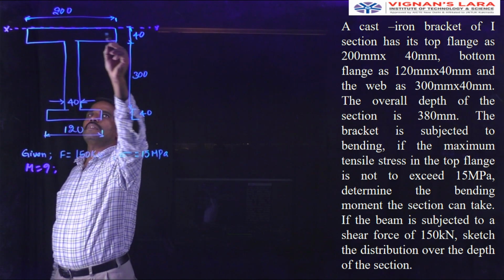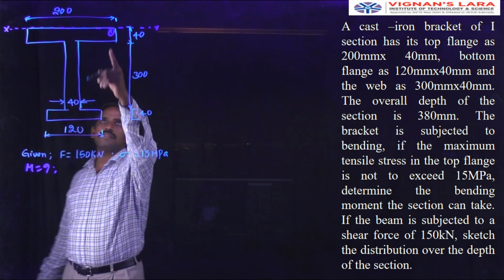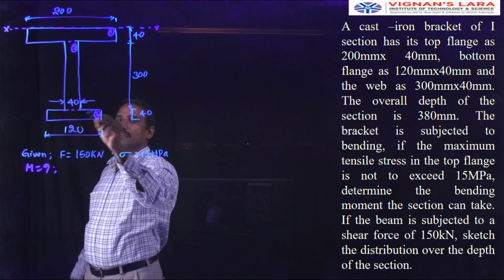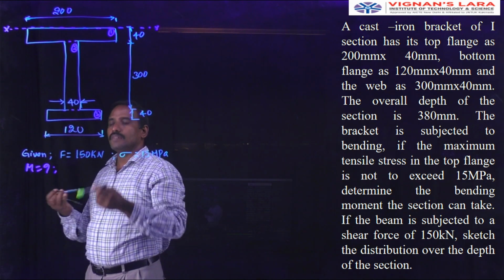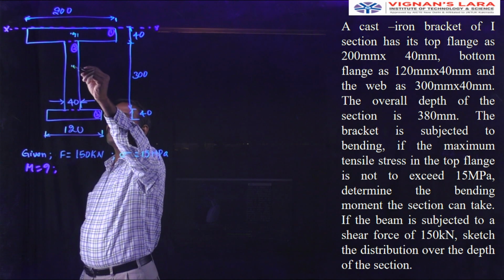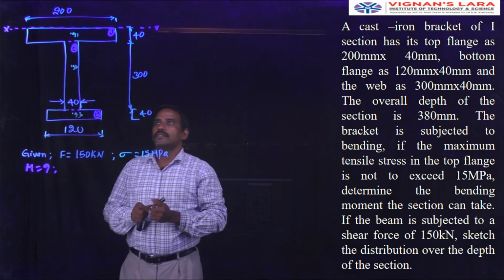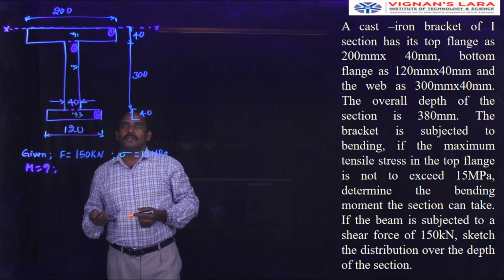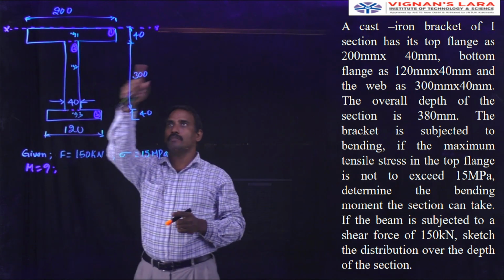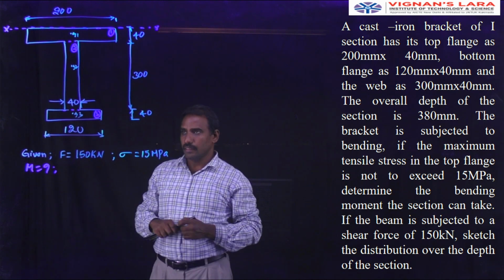Alright. So this I section is divided into three regular shapes. Say this is rectangle 1, this is rectangle 2, this is rectangle 3. The centroids of all the elements, say as G1, G2, G3, right? So what about the centroidal distance from the section XX, which is taken from the top edge of the I section, y bar?